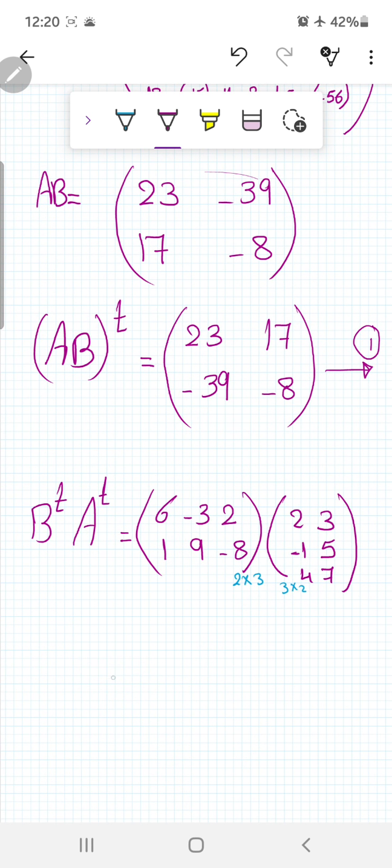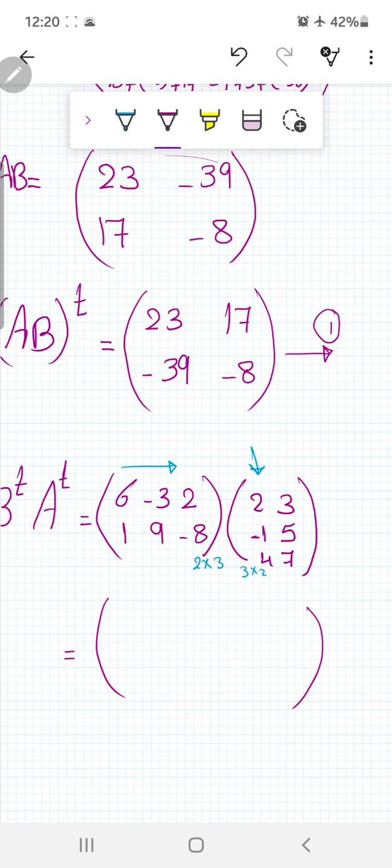Open a big bracket. As we said, the first matrix row, second matrix column. So here we have 6 times 2, 12, plus negative 3 times negative 1, 3, plus 2 times 4, 8. Second column, 6 times 3, 18, plus negative 3 times 5, negative 15, plus 2 times 7, 14.